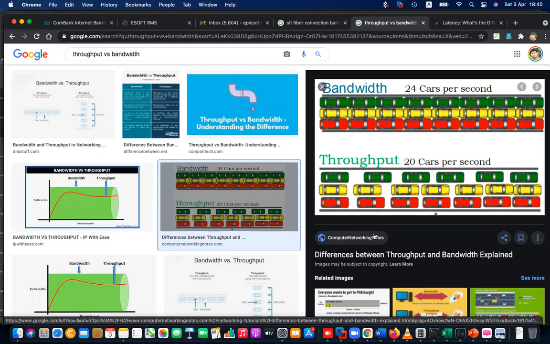Each car will not maintain the same distance. Some newcomers will keep a big distance, and some extra pro people try to keep a small distance, like three-wheel drivers. Anyway, throughput is not the bandwidth. Throughput is the actual figure that we receive, and bandwidth is what is promised.